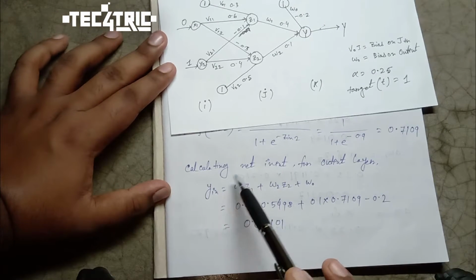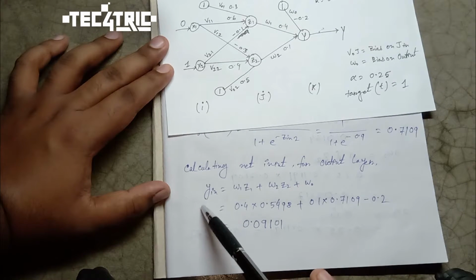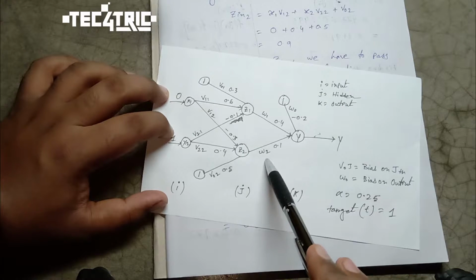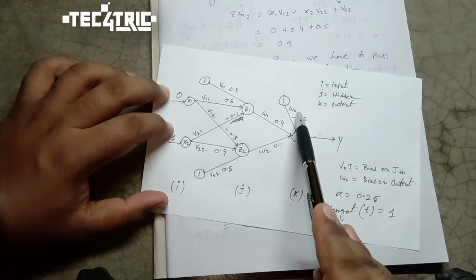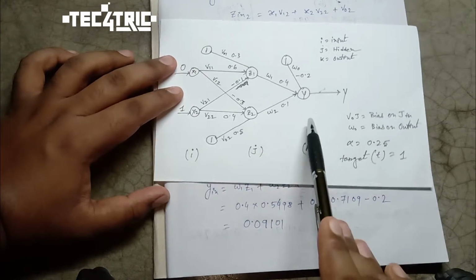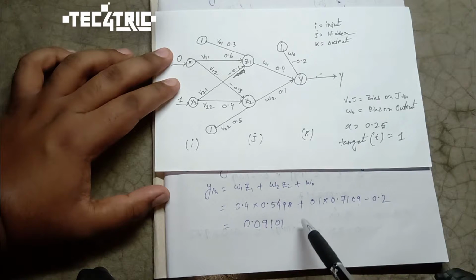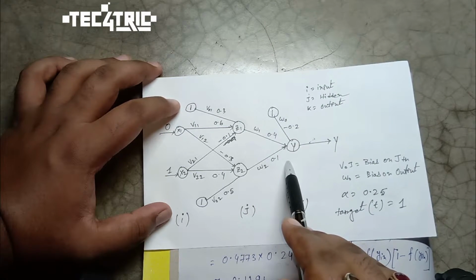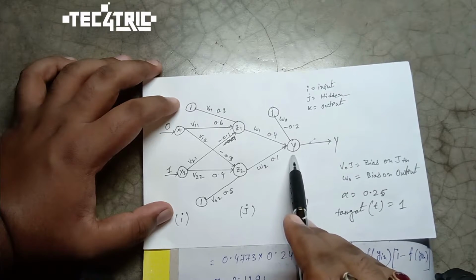So calculating the net input for the output layer, y input will be w1 into z1 plus w2 into z2 plus w0. We have all the values, just put it in, calculate it, and you will get 0.09101. We got the y input, so we have to pass it through an activation function, then only we can get y.